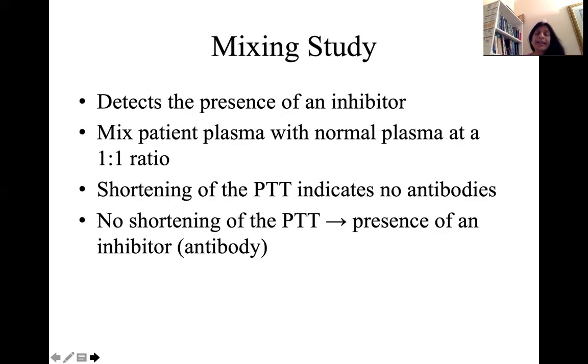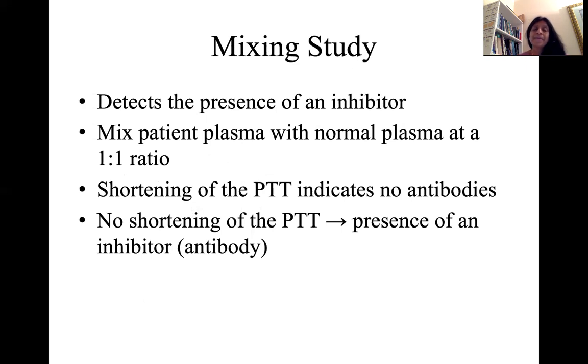All right, and a mixing study is the test that can be used to identify the presence of an inhibitor or an antibody for factor 8. So what happens is you mix the patient's plasma with normal plasma, a 1:1 ratio. Then if the PTT is shorter, then factor 8 is working, correct?